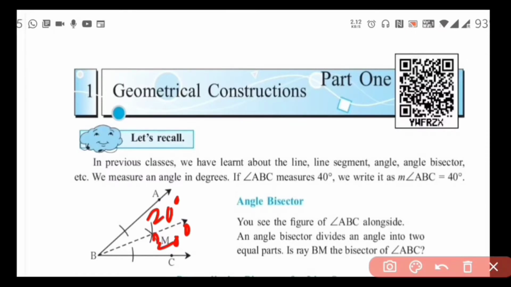That's why we can say that ray BM is the bisector of angle ABC. Bisector means it bisects into two equal, bi means two. So it gets divided into two equal parts. We will see the construction in practice set 1. But before that, let's see the other construction.